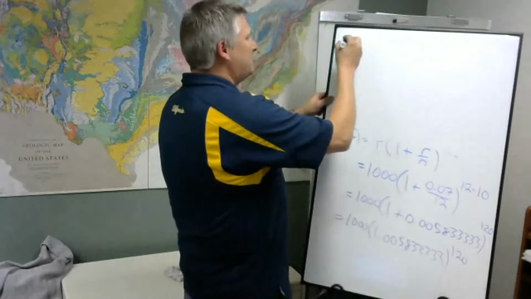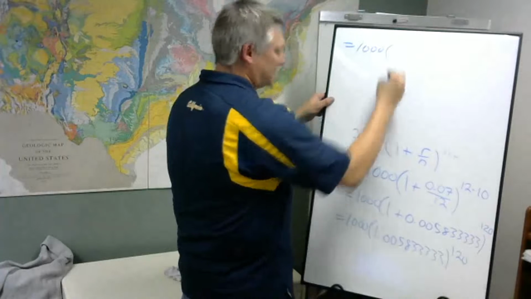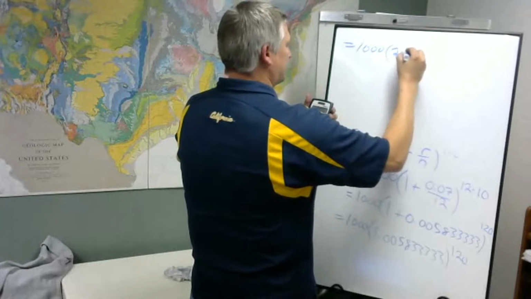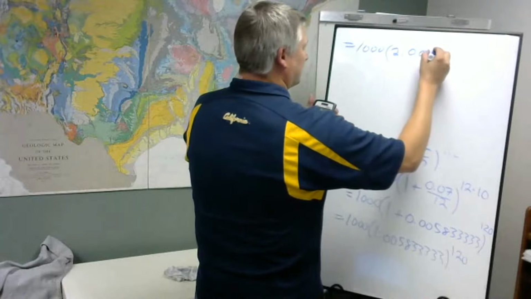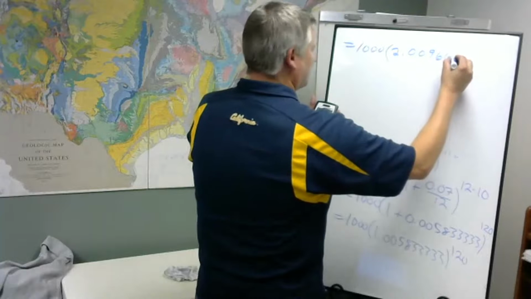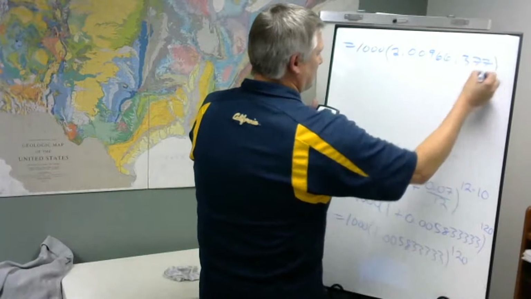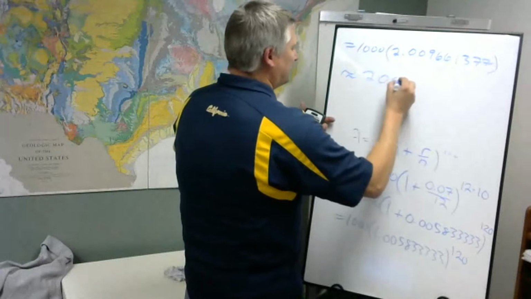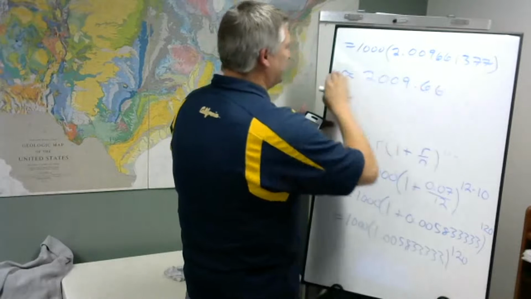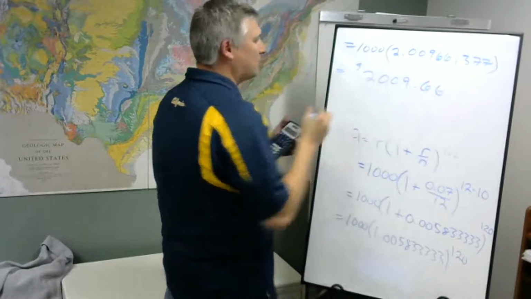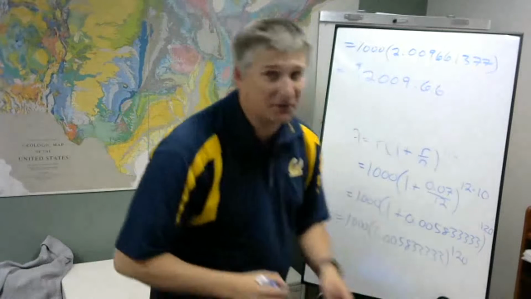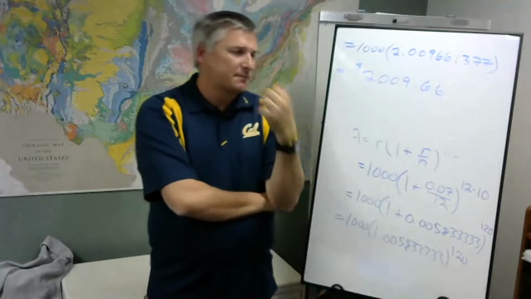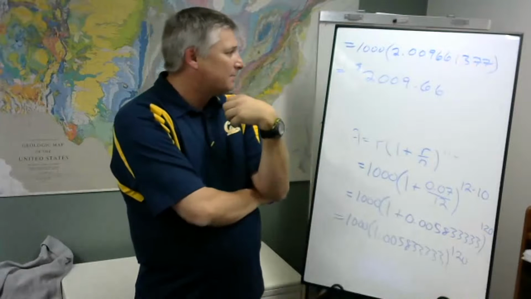And again, we're going to use as many decimal places as we get on our calculator. Finally, multiply by 1,000. Rounding to the hundredths place, $2,009.66.